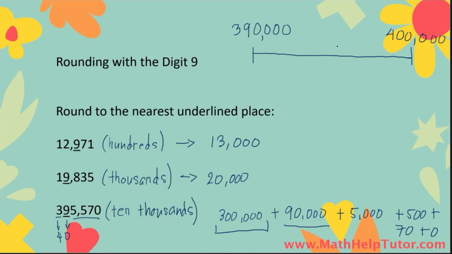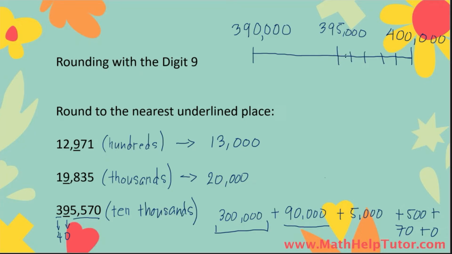Next, we find the value between 390,000 and 400,000, which is 395,000. And then we look for our number within this number line. So our number is 395,570. So if we have increments of 1,000, this is 6,000, 7,000, 8,000, 9,000, and we have 400,000. So our number, 395,570, should be between 500 and 600.